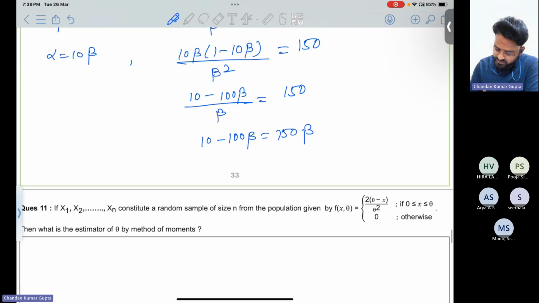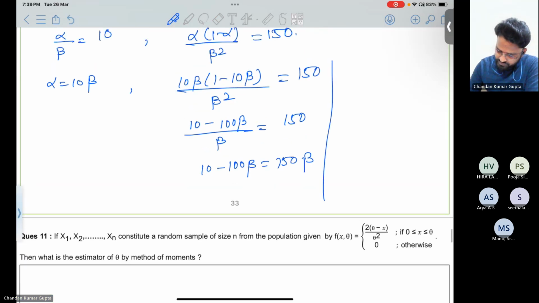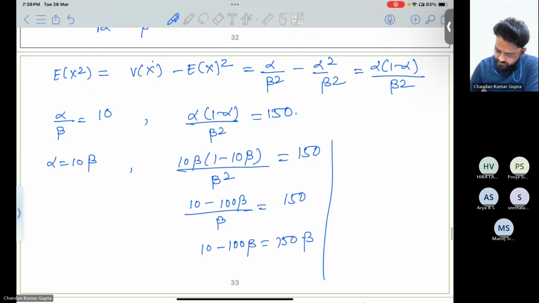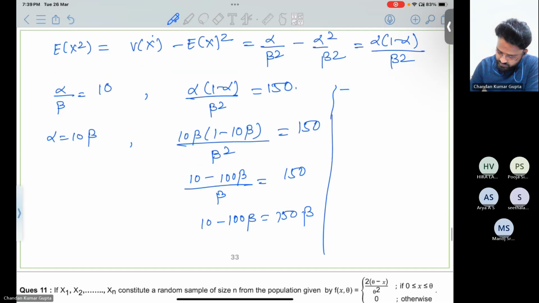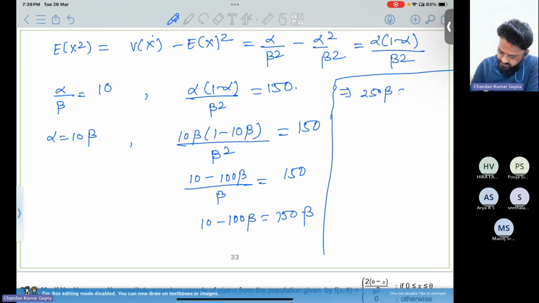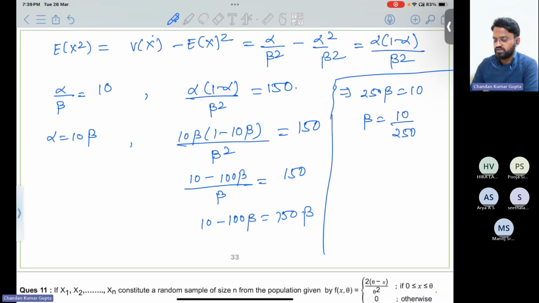So 50 beta equal to 10. From here, beta equal to 10 upon 50. That means beta can be estimated as 1 upon 5, that is 0.2.